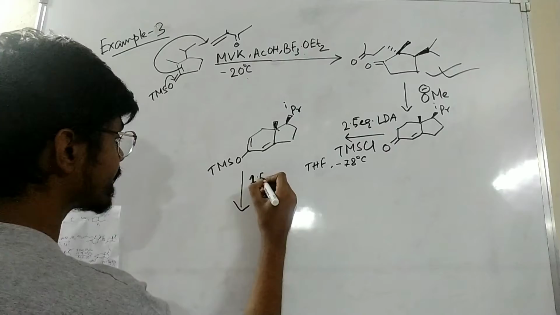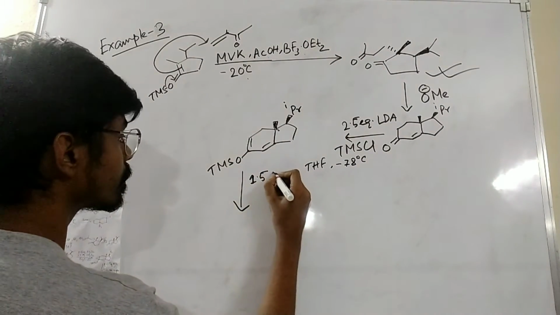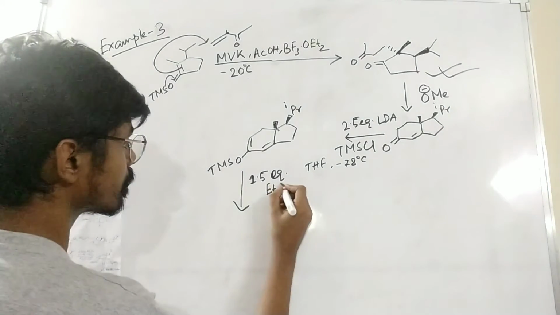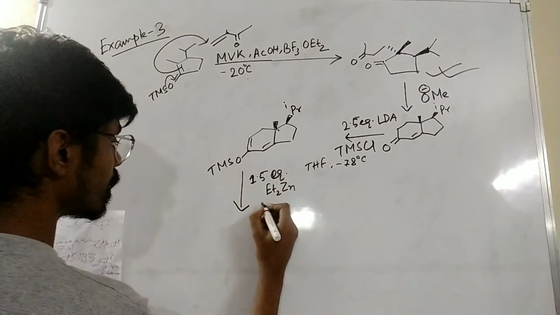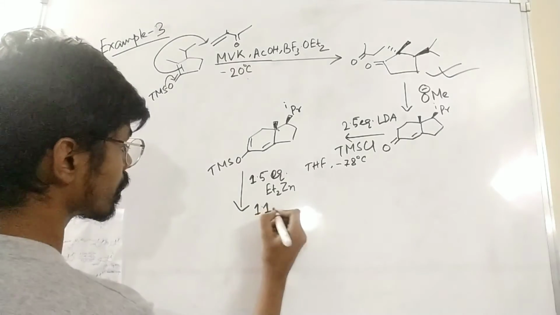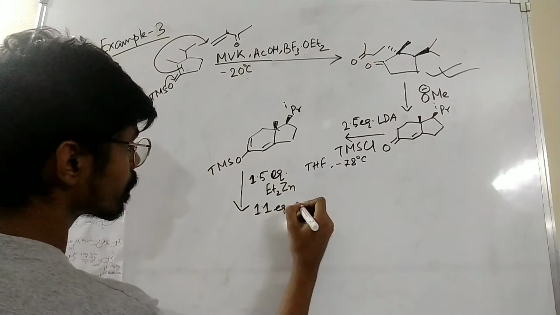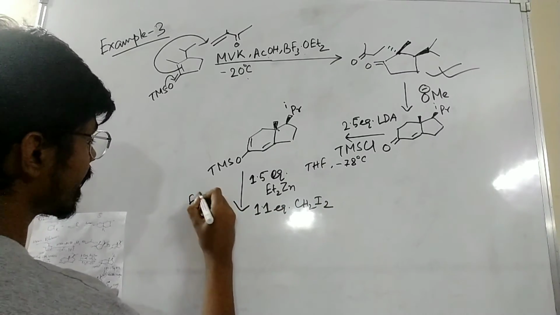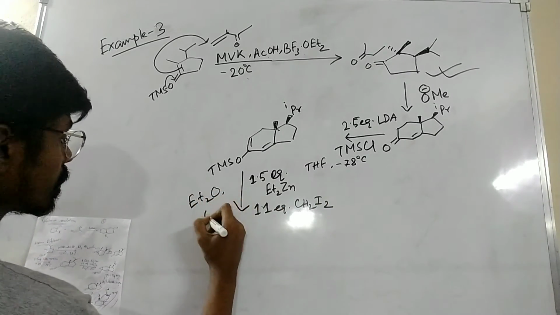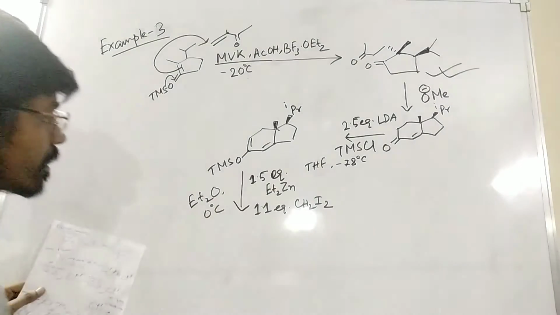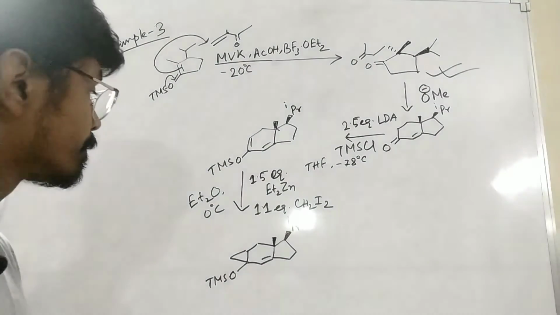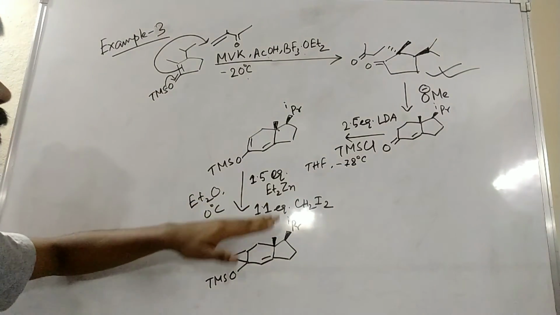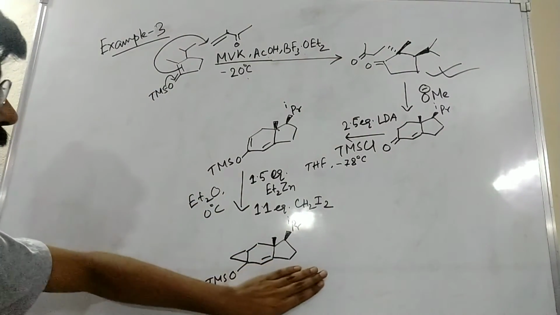Now if we use 1.5 equivalents of diethyl zinc and 1.1 equivalents of CH2I2 in diethyl ether solvent at 0 degrees centigrade temperature, from this fragment we are getting this one.